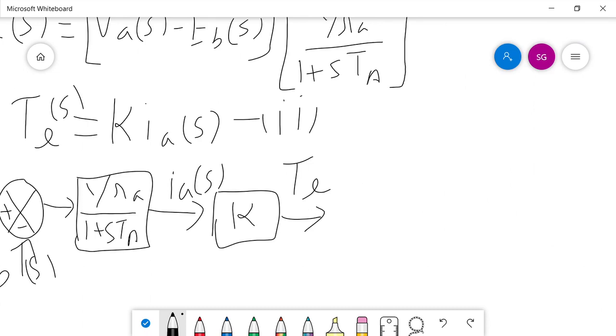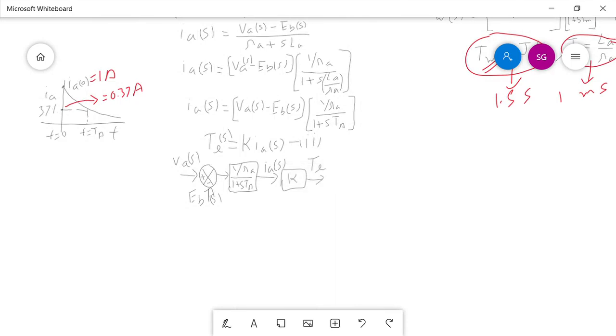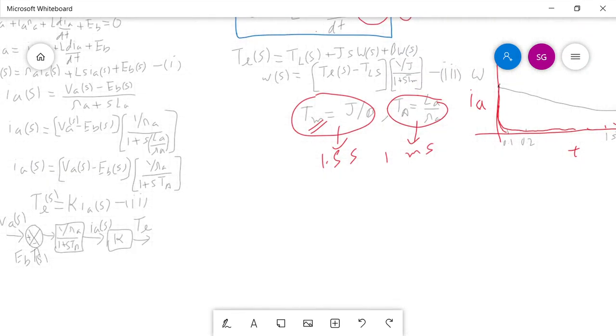Okay, now let us just take the mechanical part. T is here, so we need to subtract TL and put this gain in here to get your omega.